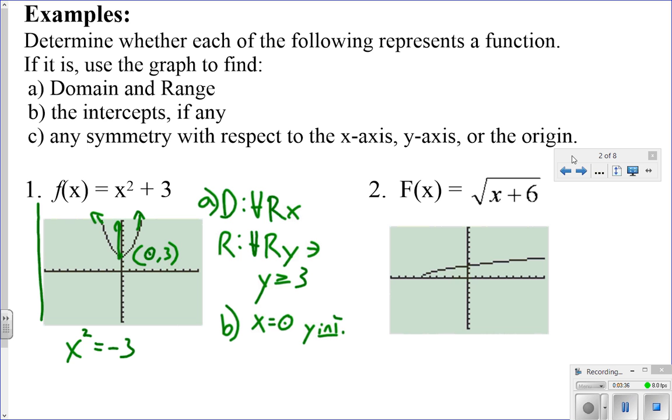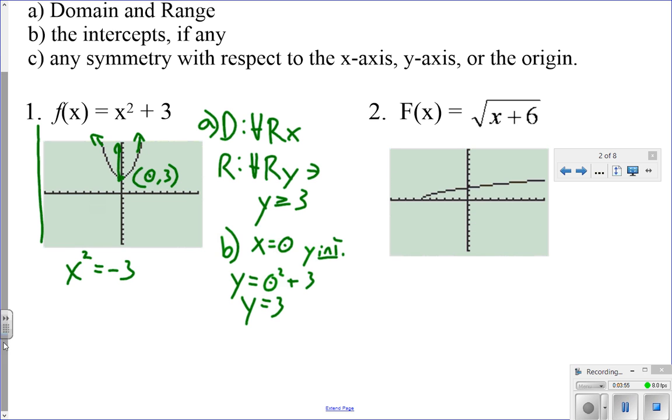When x is equal to 0, I get y equal to 0 squared plus 3. So y is equal to 3 for my y-intercept. I can see that right there with the vertex. And part C, talking about symmetry. My symmetry here is vertical, along my y-axis.